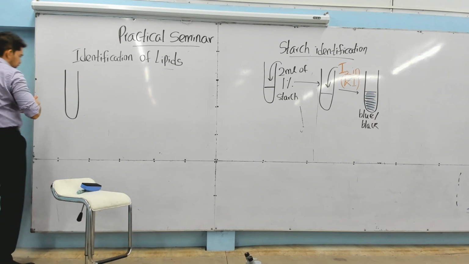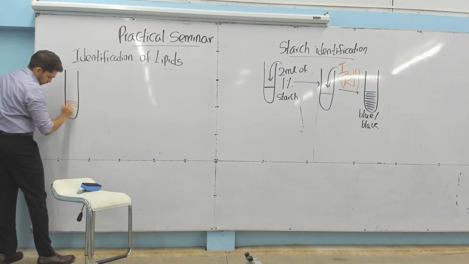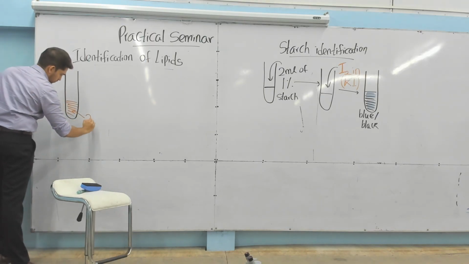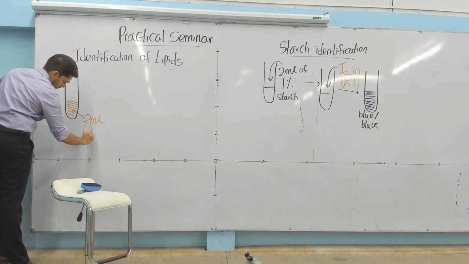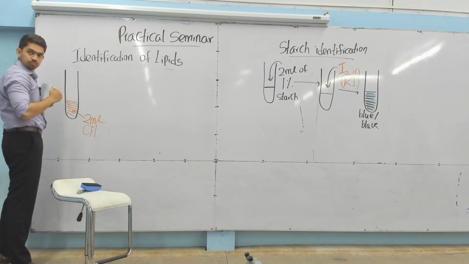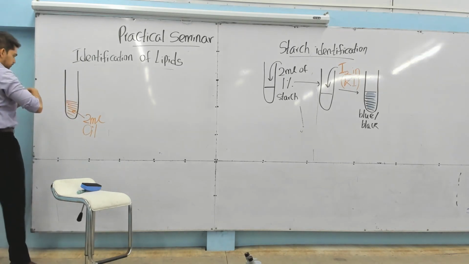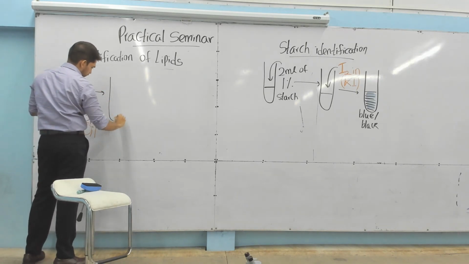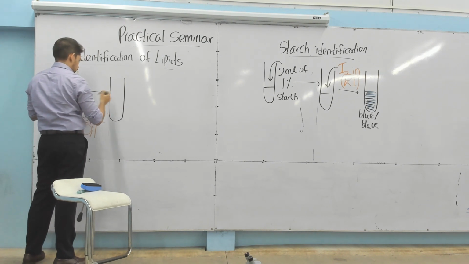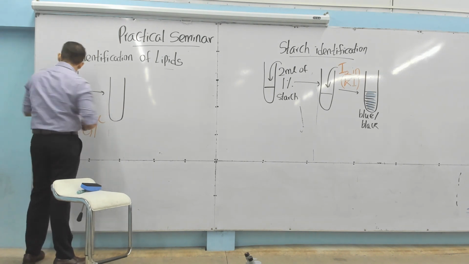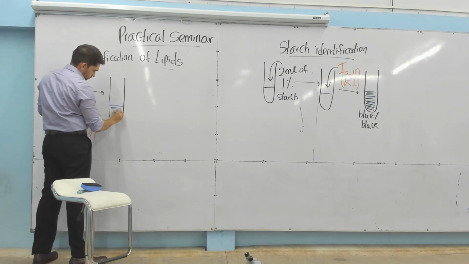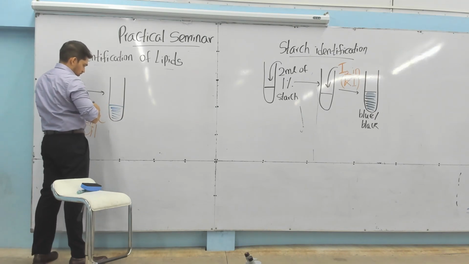I'll draw the oil in this sort of orange color. Two milliliters of oil. Then you add a similar volume of water to this, right? So what's going to happen when you add water to oil? The water is going to be at the bottom, oil is going to be at the top.